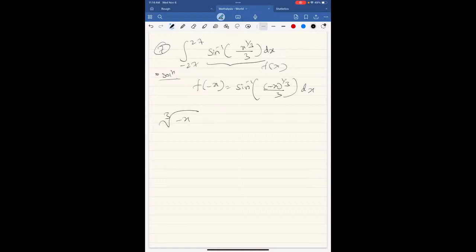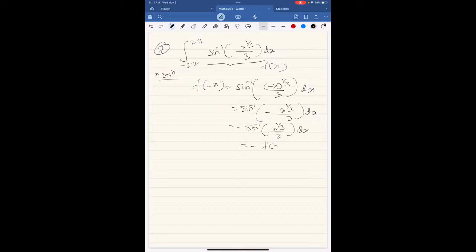And cube root of minus x will just be minus of cube root of x, because minus 1 is the same as writing minus 1 three times. So minus 1 can be taken out. Again, since sine inverse is an odd function, minus comes out.